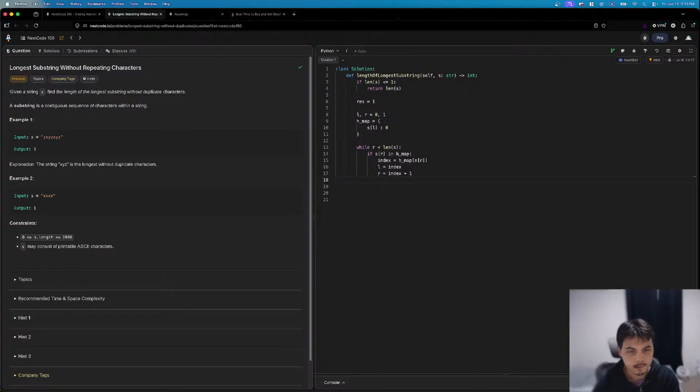Okay. Now, do we update R though? No, we don't want to update this. We just want to update L. Index plus 1, right? And then we can just do res is equal to max res.